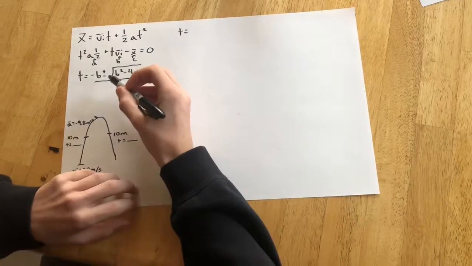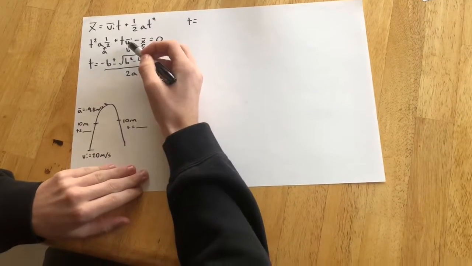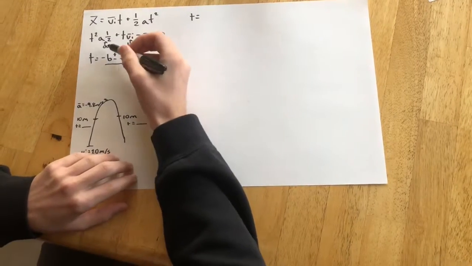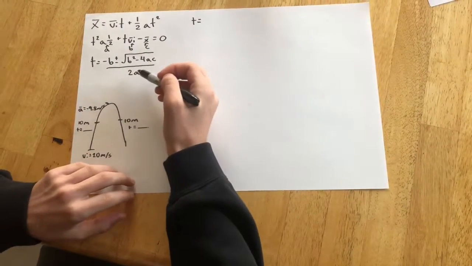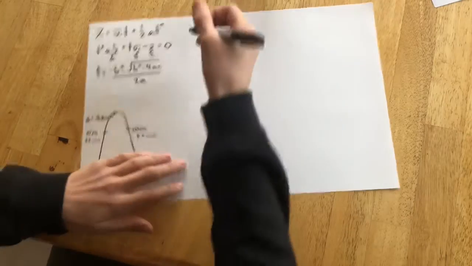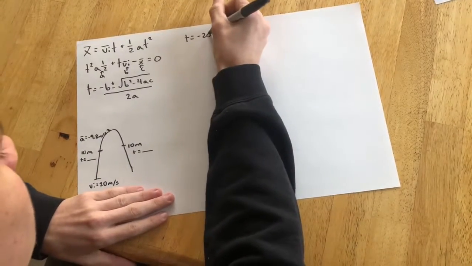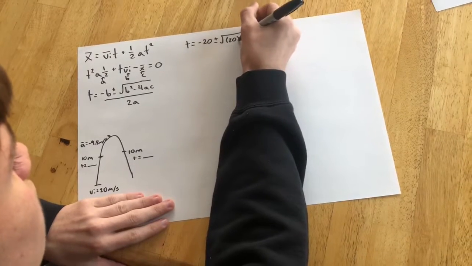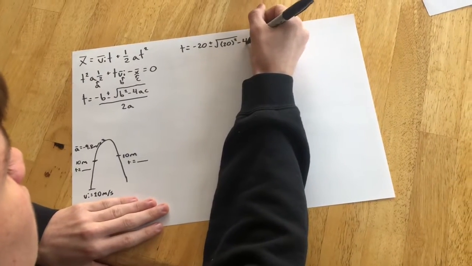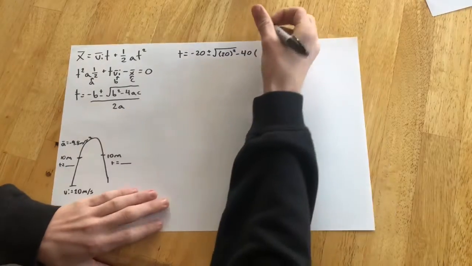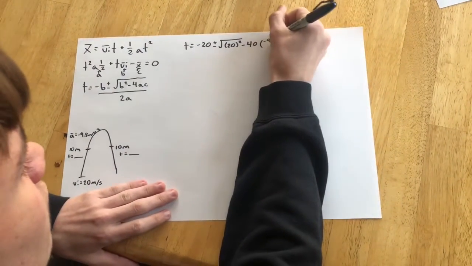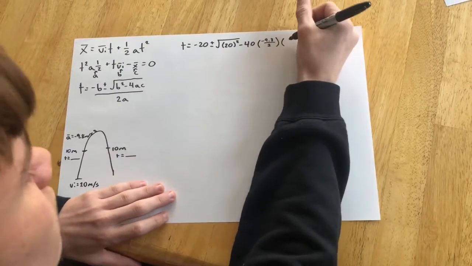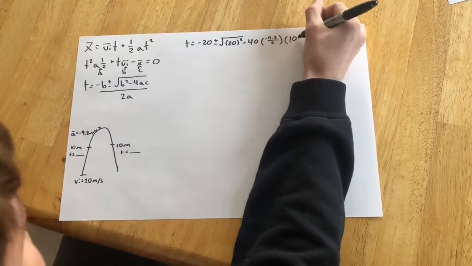So t equals negative b, that's b, plus or minus the square root of b squared minus 4ac. That's a, and that is c. All over 2a. So when we write this, we're going to write it as negative 20 plus or minus the square root of 20 squared minus 4a, which is negative 9.8 divided by 2, times c, which is the displacement of 10, because that's what we're trying to solve for.